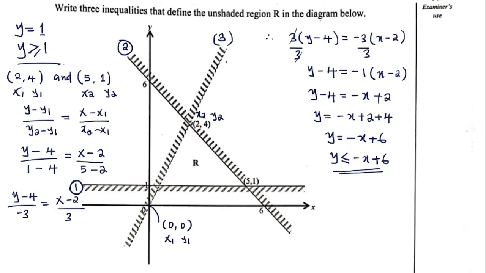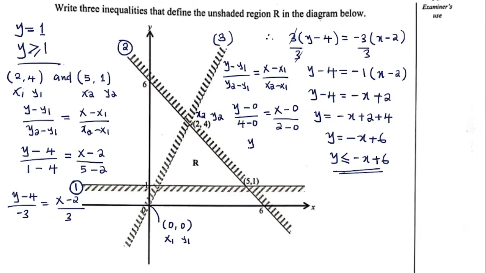We shall say y minus y1 over y2 minus y1 is equal to x minus x1 over x2 minus x1. So we shall say y minus our y1, which is 0, over y2, which is 4, minus 0, being equal to x minus x1, which is 0, over 2 minus 0 also.